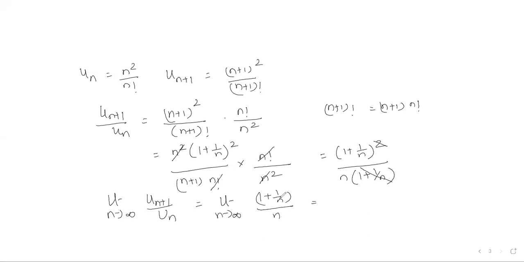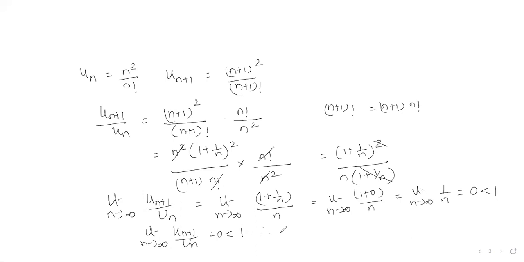So this is 1 plus 0, so limit n tends to infinity of (1 plus 0) by n, which is equal to limit n tends to infinity of 1 by n, which is equal to 0. Since 0 is less than 1, therefore I can conclude that limit n tends to infinity of un plus 1 by un is equal to 0, which is less than 1. Therefore, by ratio test, that is D'Alembert's ratio test, sigma un is convergent.